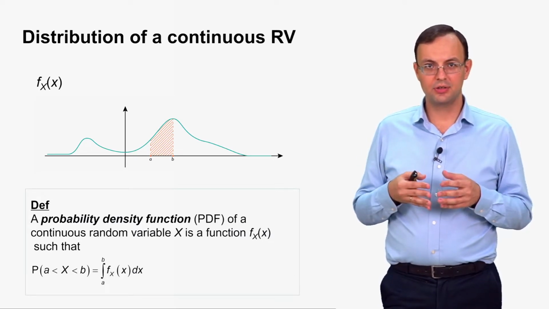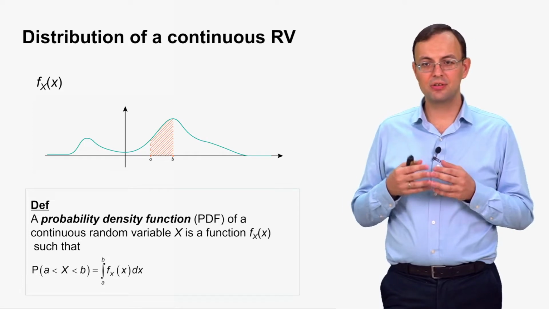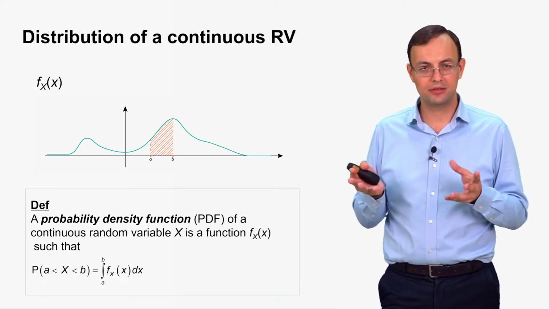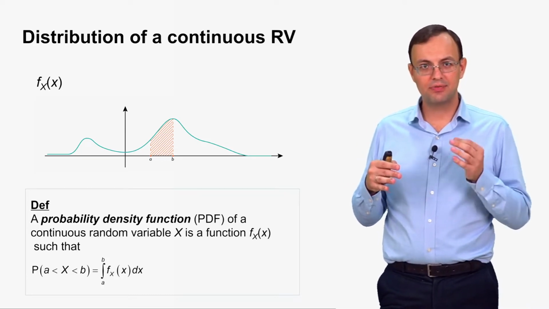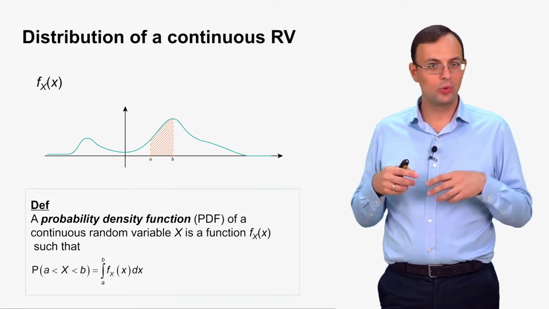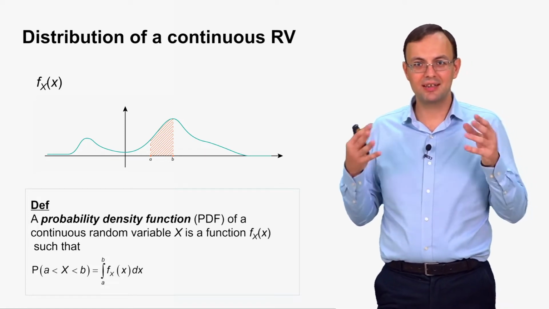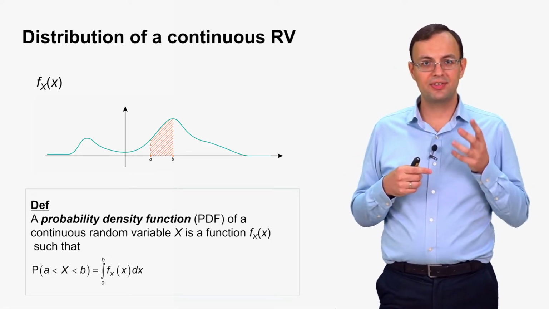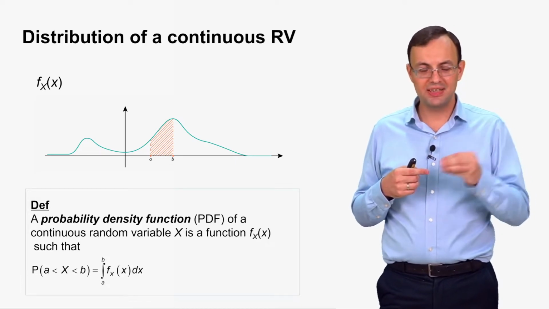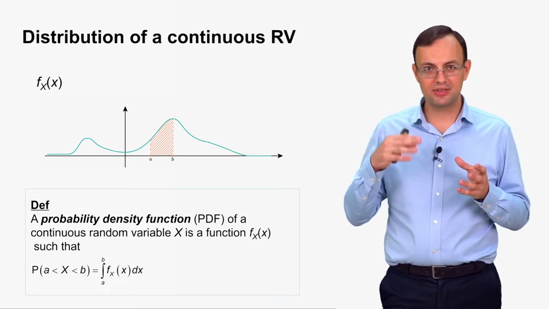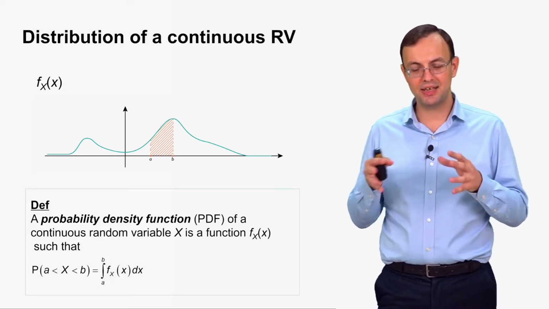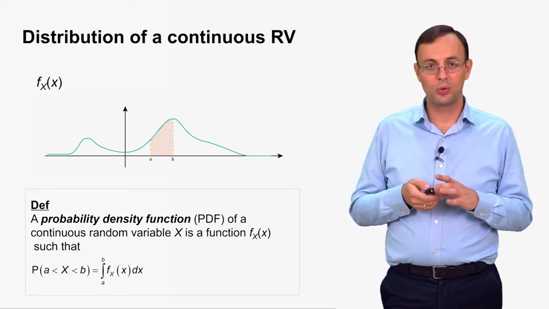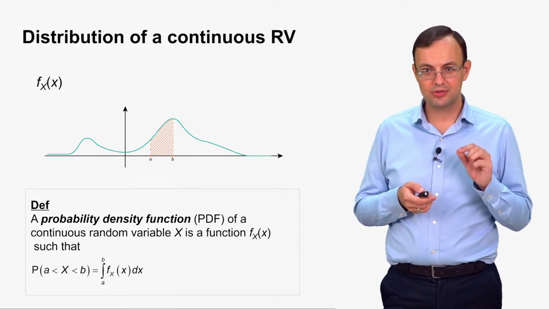Using this definition, we can prove that the integral from minus infinity to plus infinity of any PDF is equal to 1, because any random variable with probability 1 will take some numerical value, a value from minus infinity to plus infinity. That is why this is the main property of the PDF. So the integral from minus infinity to plus infinity of any PDF of any random variable is equal to 1. We will use this property while solving examples.